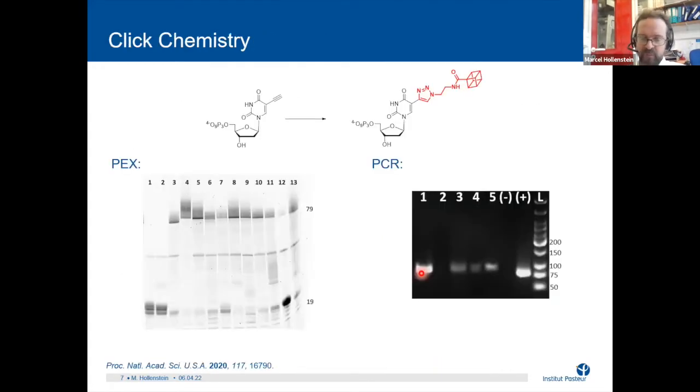So obviously we were very interested in this modification in the context of aptamer selection. We synthesized the corresponding modified nucleotide and showed its compatibility with enzymatic DNA synthesis.